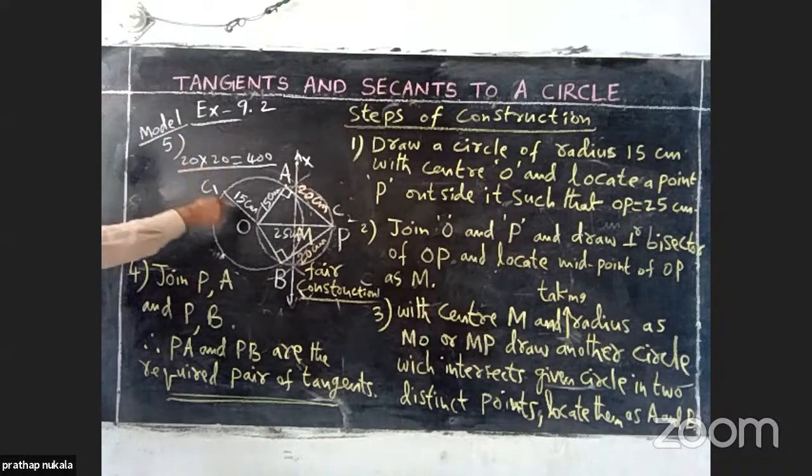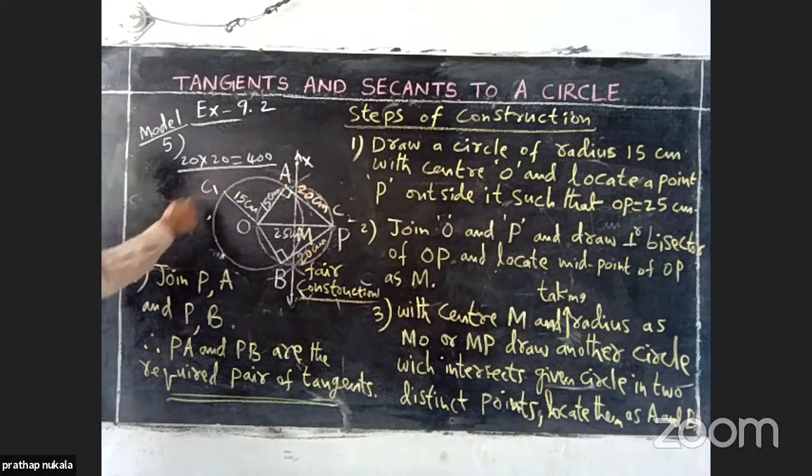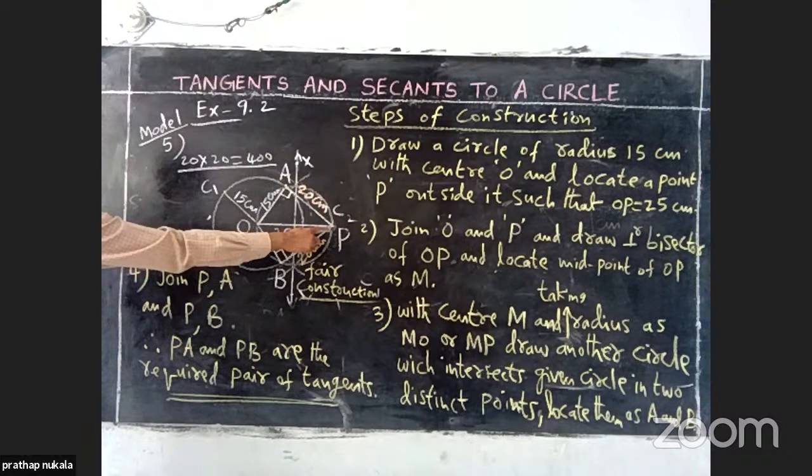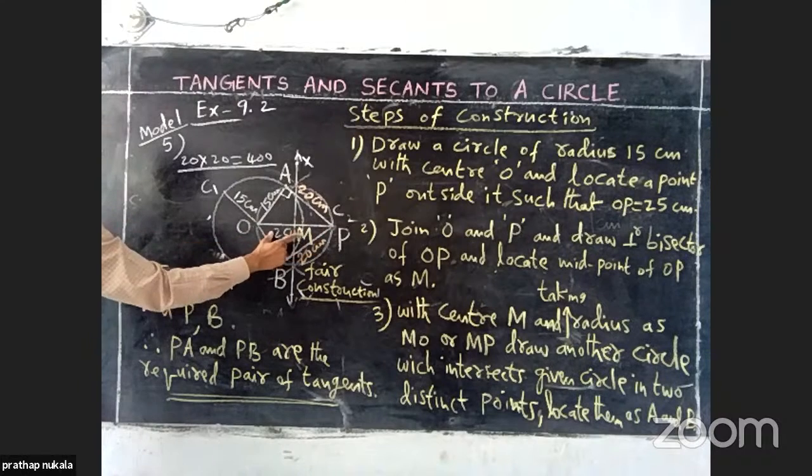Again, I am ready. First, draw a circle of radius 15 centimeters with center O and locate a point P outside it such that OP equals 25 centimeters.